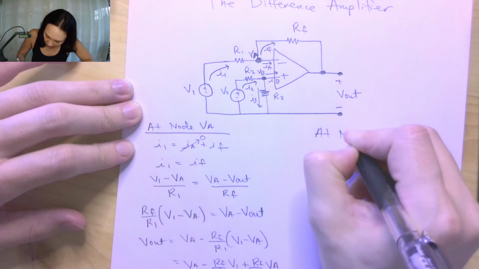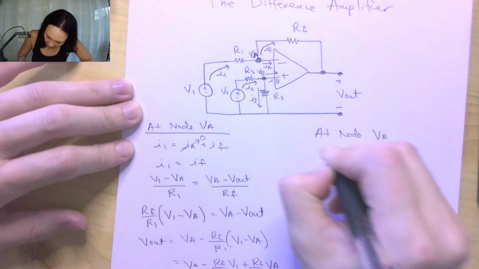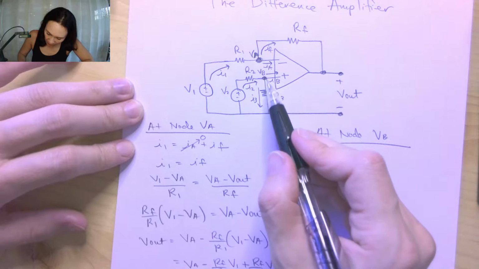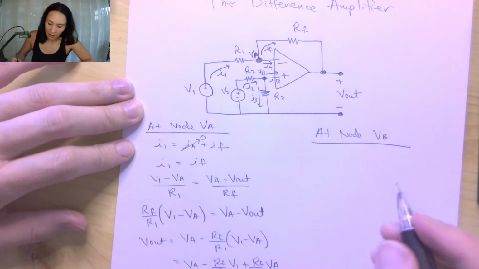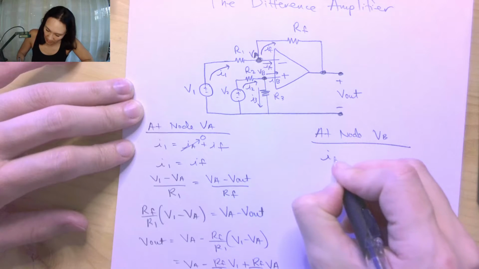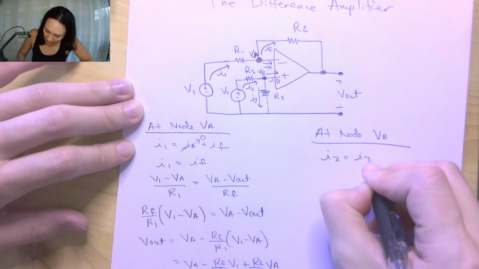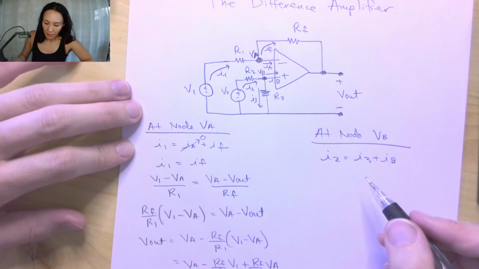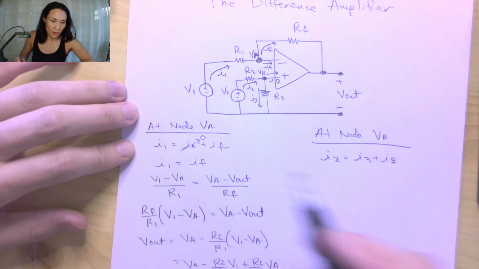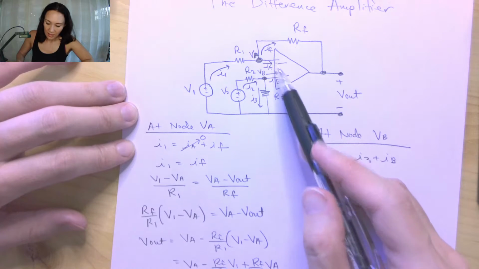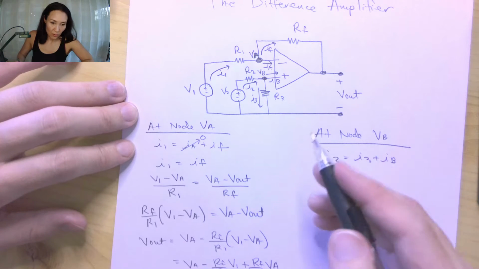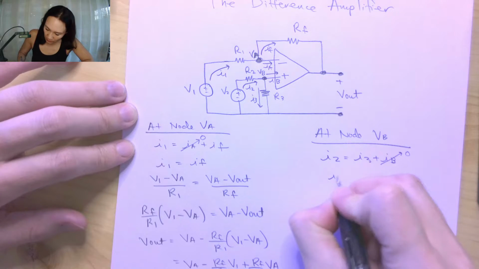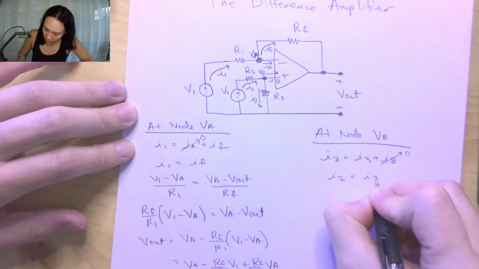So then at node VB, by KCL, we have that I2 comes into the node, I3 and IB come out. So this equation is going to be I2 is equal to I3 plus IB. But then by the ideal op-amp approximations, just like we did over here, we have that IA is equal to IB is equal to 0. So this thing goes to 0, and I'm just left with I2 is equal to I3.